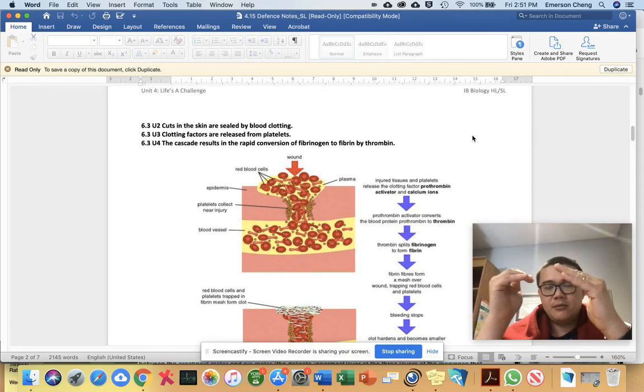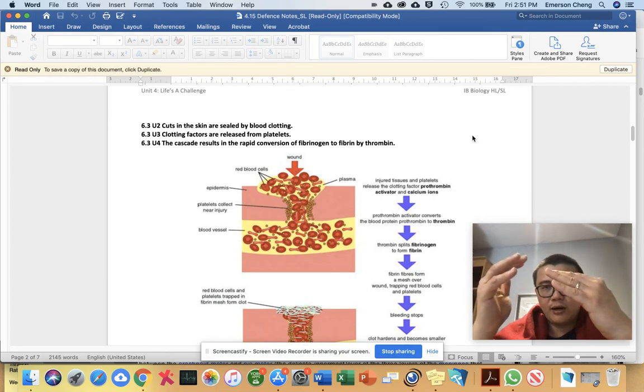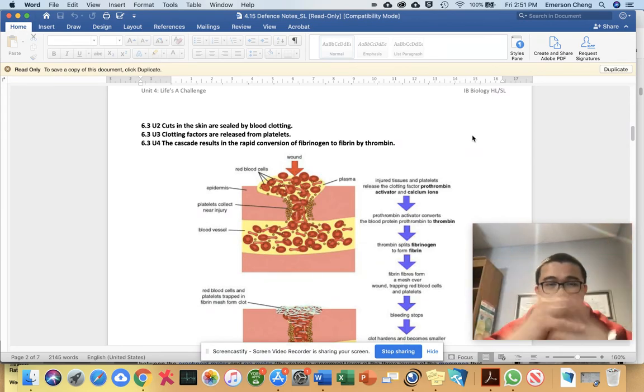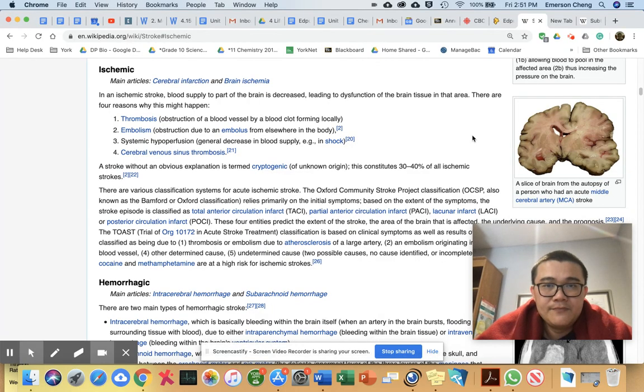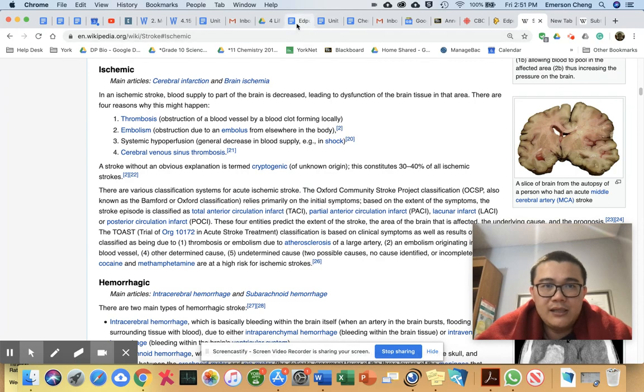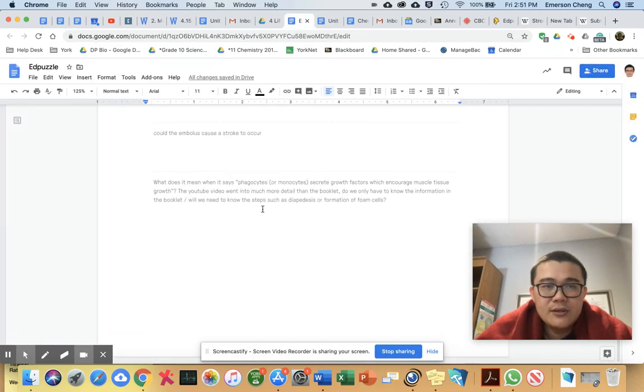It's a physical barrier that stops certain substances from the rest of the body from going into the brain. It's a way to protect the brain. I don't know how it passed the blood-brain barrier, but it does. So yes, an embolus can cause a stroke. That's one of the many things that can cause it.